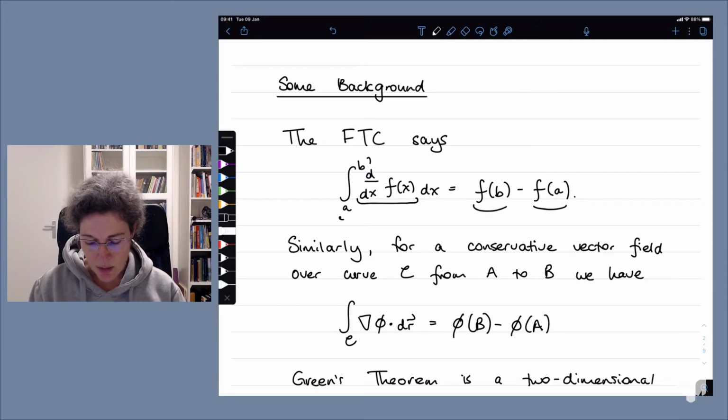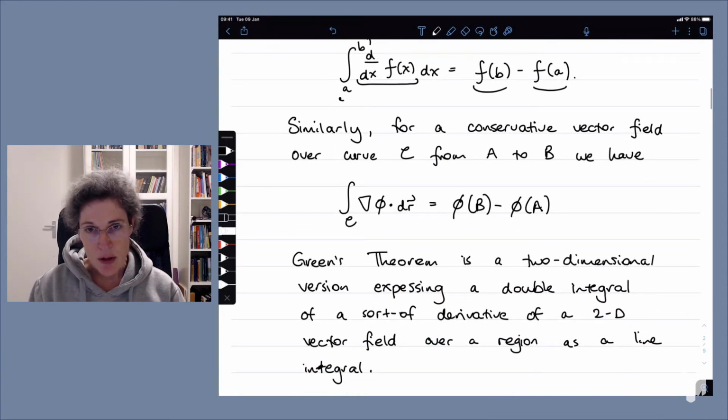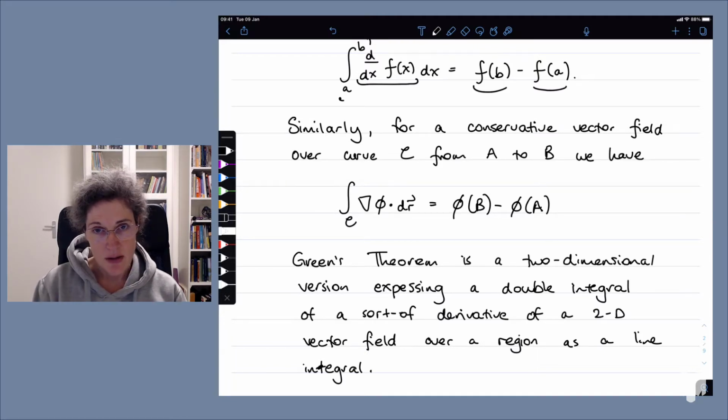And we saw a little while ago that we have something similar for a conservative vector field on a curve c from a to b. So if we're looking at the line integral, we have something similar.